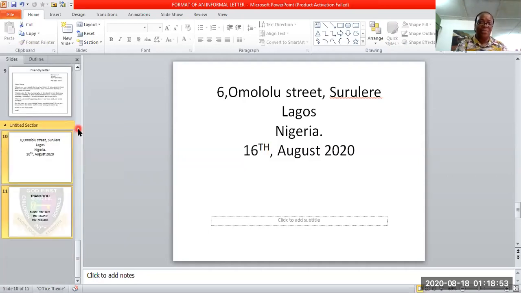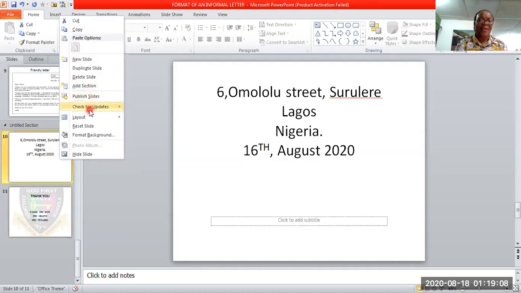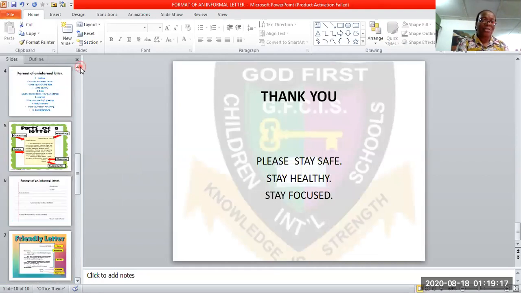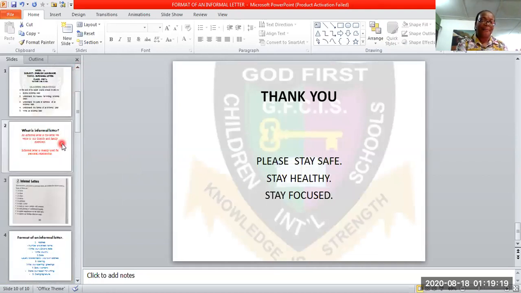we have been able to see that informal letters are friendly letters to people that we love and cherish. Is that clear? So let's give a wrap up of what has been taught so far.